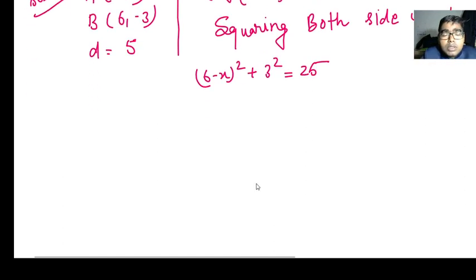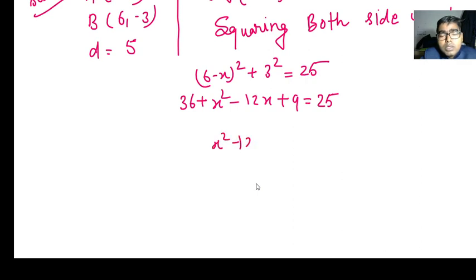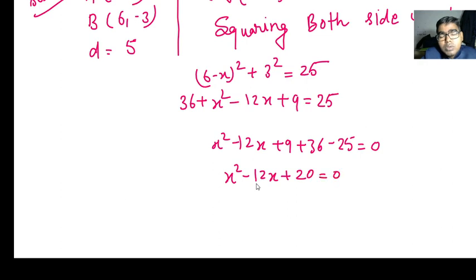Expanding, it is 36 plus x square minus 12x plus 9 equal to 25. So x square minus 12x plus 9 plus 36 minus 25 equal to 0, which gives x square minus 12x plus 20 equal to 0.